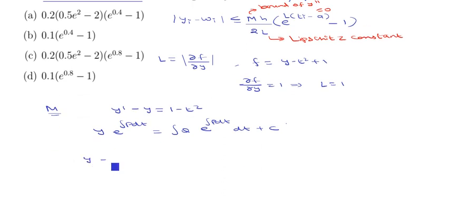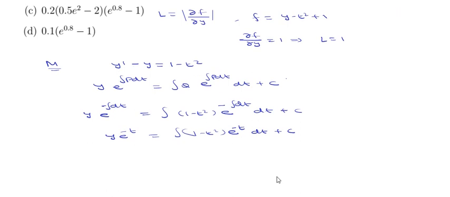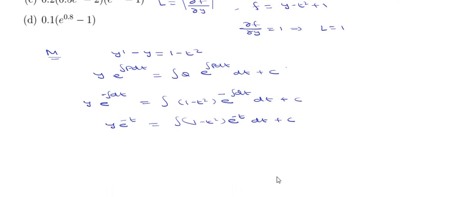Here p is minus 1 and q is 1 minus t square, so y into e power minus t equals integral of (1 minus t square) e power minus t dt plus c. We can use the generalized Bernoulli's formula to find this integration.